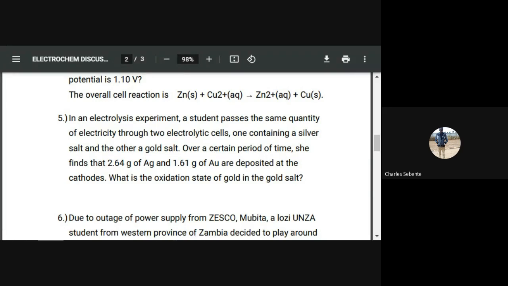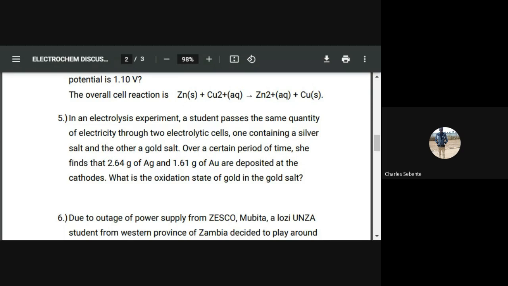Now we go to the next part, which is gold. We do the same. The grams of gold are converted to moles. Okay, and then again you come up with the balanced chemical equation.